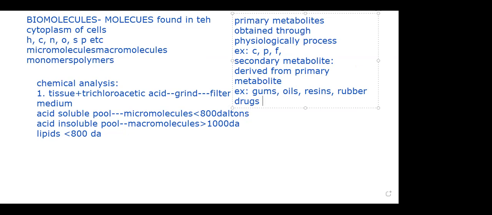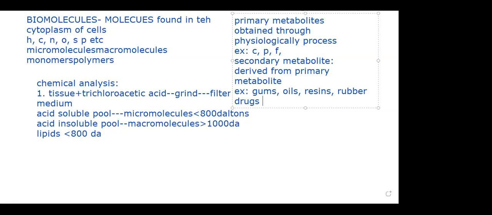Some of the secondary metabolites are, among the pigments, anthocyanin, the red pigment, and carotenoids, the orange pigment; alkaloids, morphine and codeine; terpenoids, monoterpenes, diterpenes; essential oils, lemongrass oil; toxins, abrin and ricin; lectins, concanavalin. Concanavalin A is a lectin.